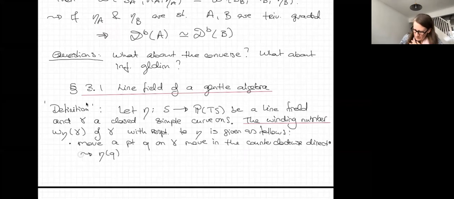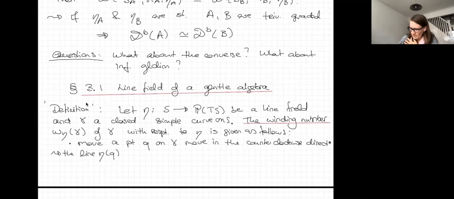So maybe I should do it like this. Eta Q will move, but it will also rotate during this motion.